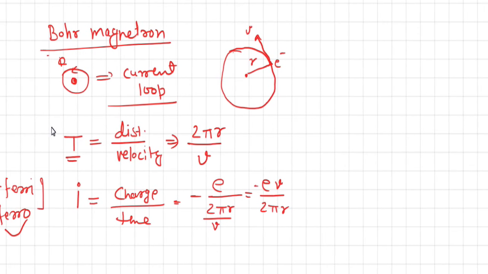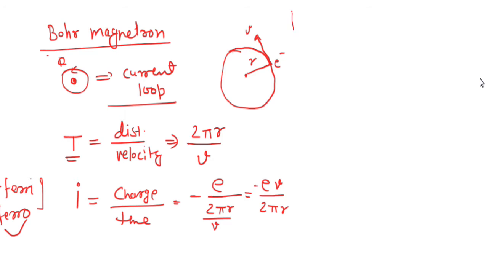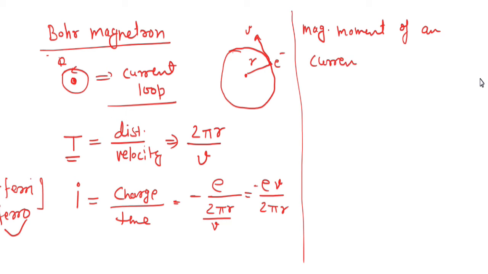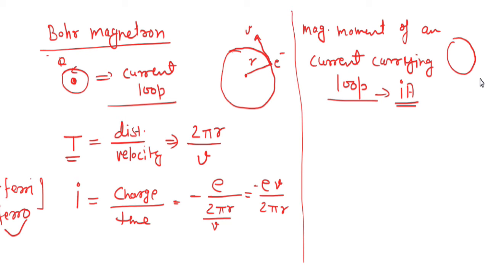So you know that the magnetic moment of a current carrying loop, which we have read in 12th, is equal to I into A. Suppose this is a circular current loop of radius r, and current I is flowing in this circular loop.